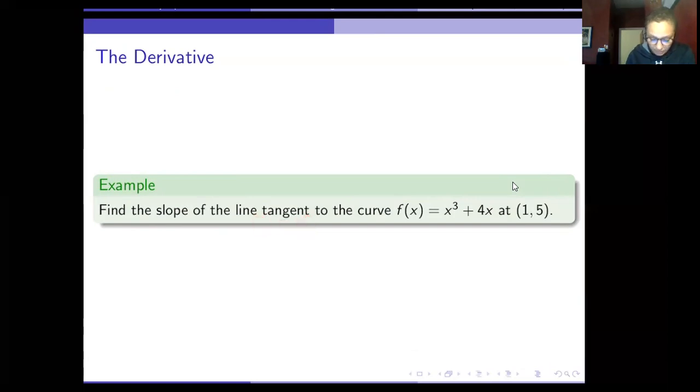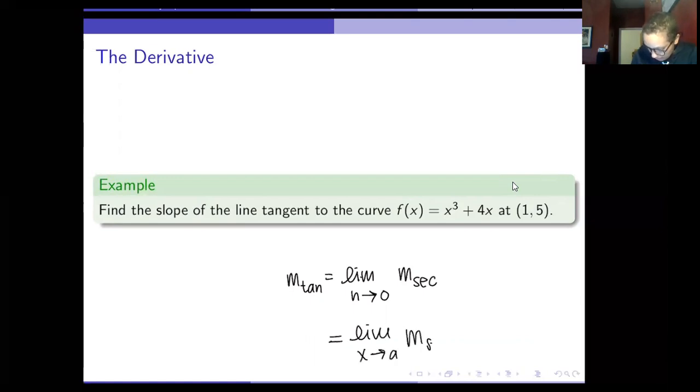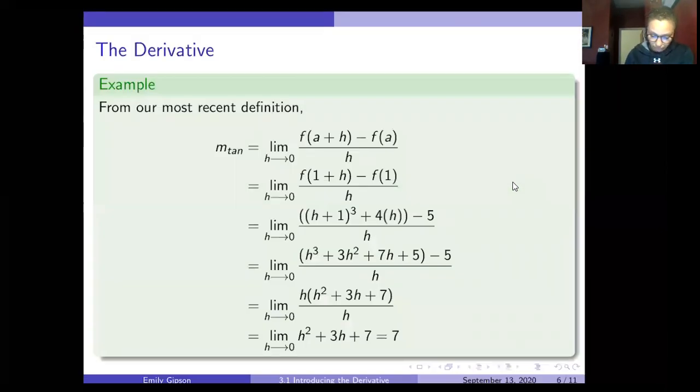So here we're going to use, or more appropriately, for this problem in particular, the limit as x approaches a of m secant. So let's see this in action. From our most recent definition, I'm interested in the function f of a plus h minus f of a all over h as h approaches 0.